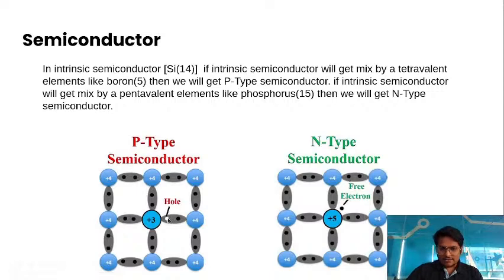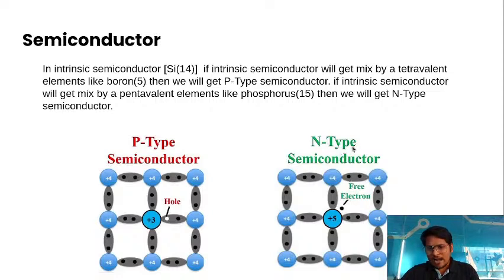This is basically a positive charge, because electrons are negatively charged, so we consider the hole as a positive charge. So in p-type semiconductor material, one hole is left out. That's why p-type semiconductor material is also called positively charged material.